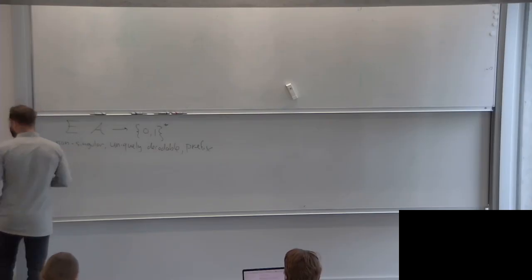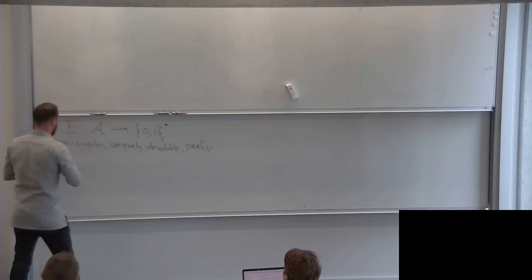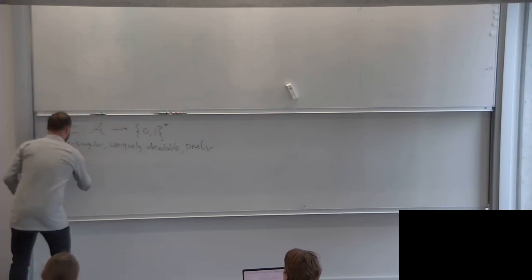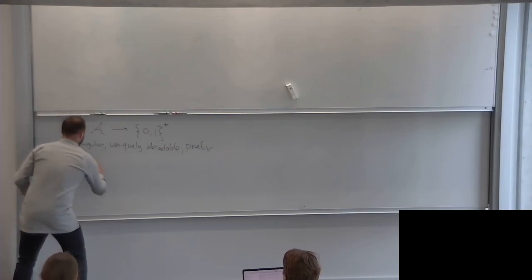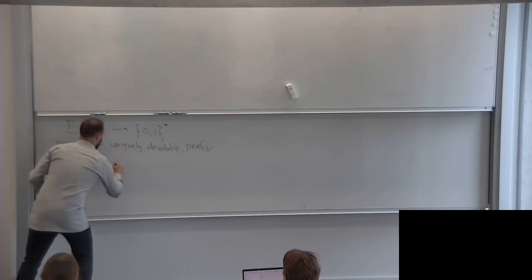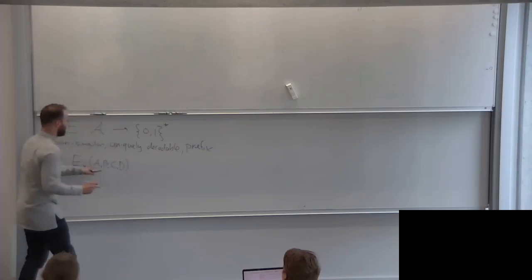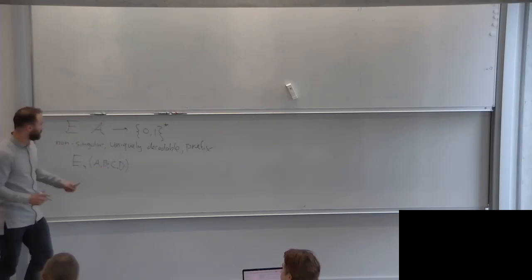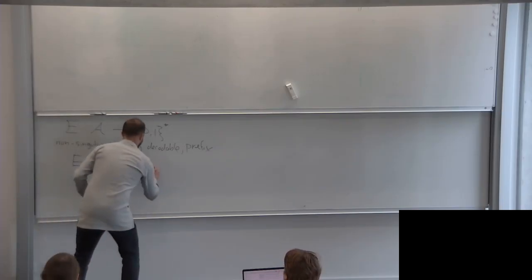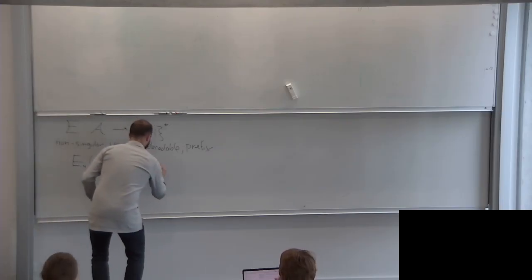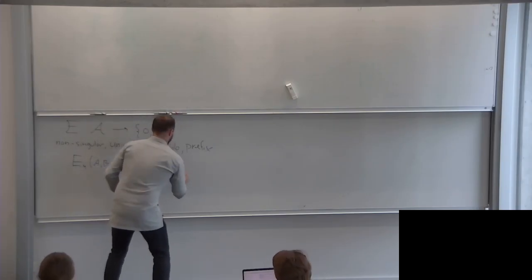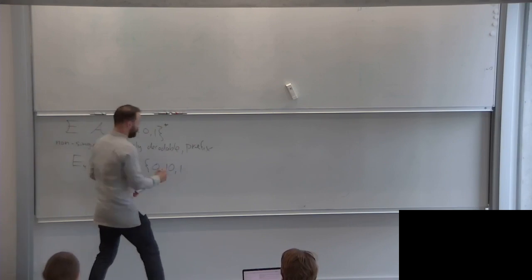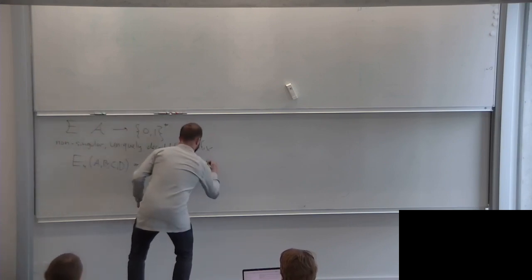We saw an example, and I might jump back to that example today. Let me just call it E4 of ABC, because we were encoding 4 symbols, A, B, C, D, and let me map this set, if I remember correctly, to 0, 10, 110, and 111.